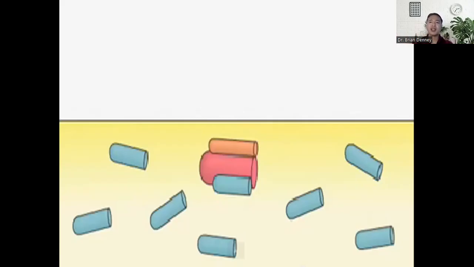So your C5 convertase causes cleavage of your C5, forming C5A and C5B. Which of these complement proteins participates in the cascade? Very good. The larger fragment, which is your C5B. C5A, on the other hand, being the smaller fragment, is considered an anaphylatoxin.